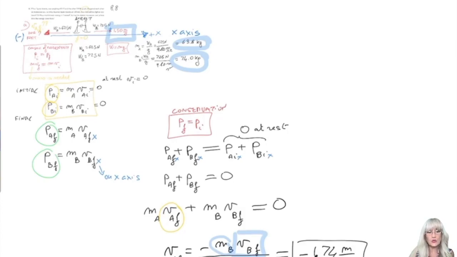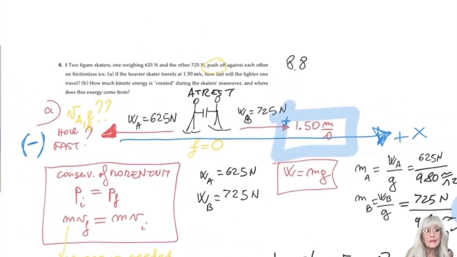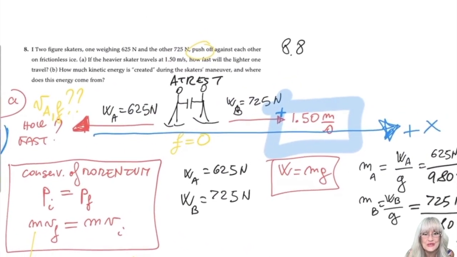That's what you plug in to obtain the final velocity of 1.7 meters per second, pointing to the left, exactly as my illustration shows.